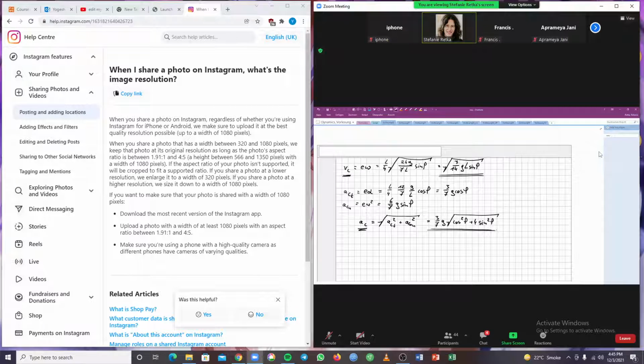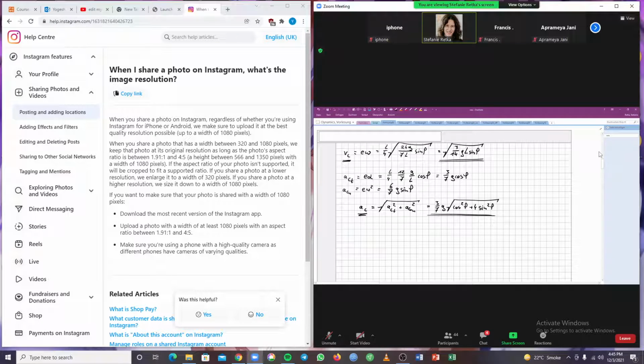Okay, and the last part is the computation of the support reactions. And now we can use our two equations that are left from the equilibrium conditions to find the support reactions.